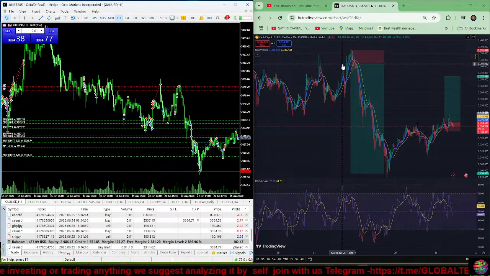So now we have to ask ourselves, what should we do? Should we create a longer take profit to around this area so we have a 1 to 2 risk to reward? Or should we minimize our stop loss just a little bit so we have a 1 to 2 risk to reward?